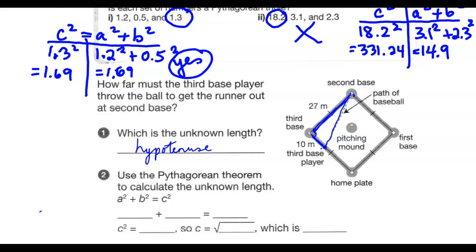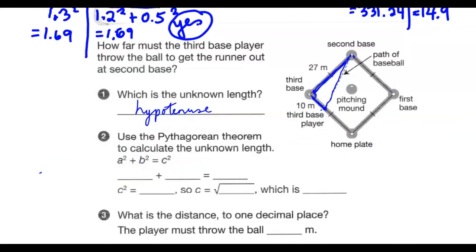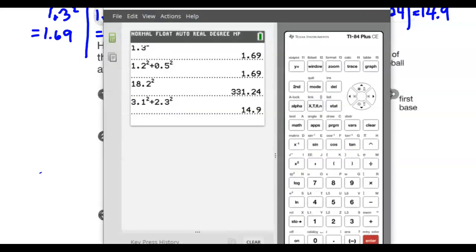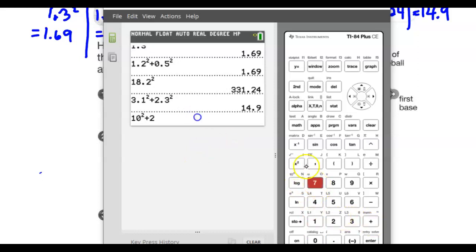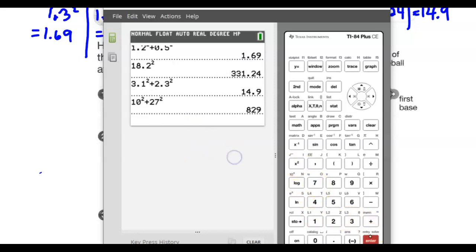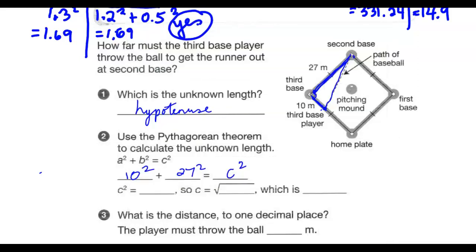Okay, so we've got 10 squared plus 27 squared equals, and we'll just call it c squared for now. So c squared, let's figure out what 10 squared plus 27 squared is. It's 829.